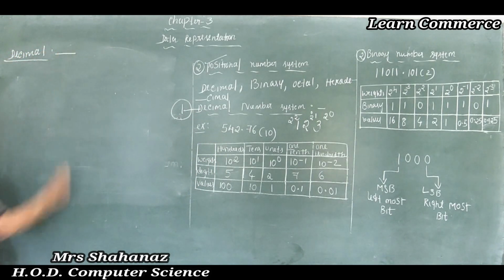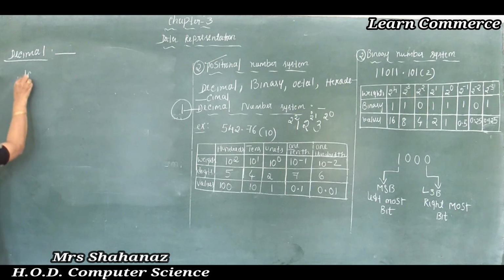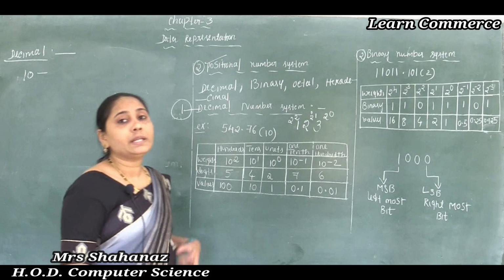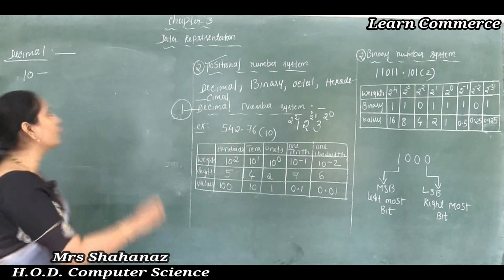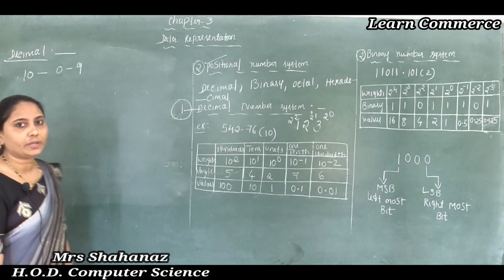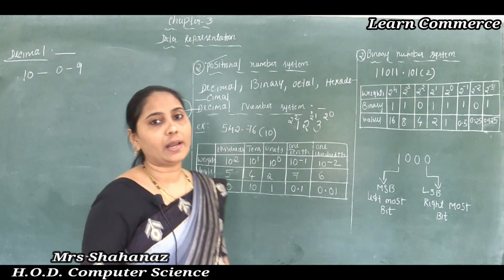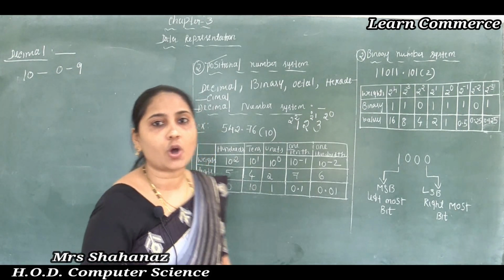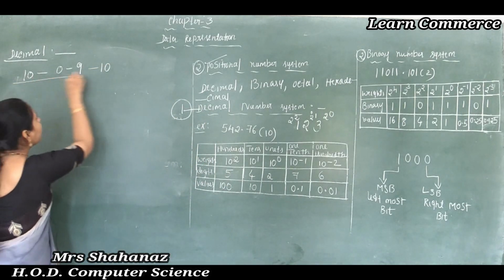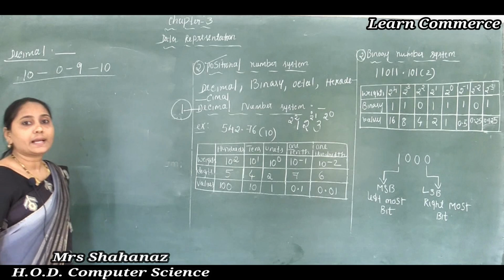The base or radix is equal to 10. As we know, 10 means the numbers are from 0 to 9, correct no. So finally we can say that the positional values are expressed in powers of 10 only. So clear this point here. This is some explanation about our decimal number system.